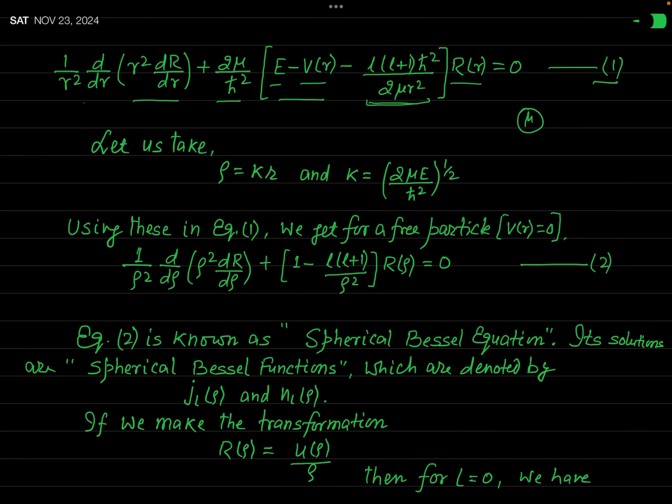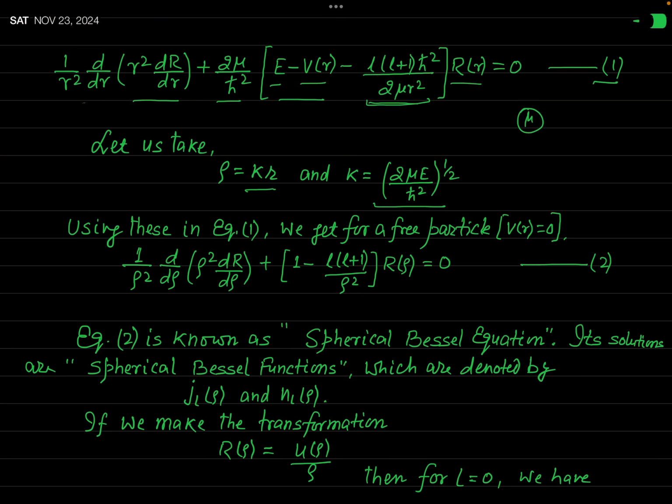Now this equation which I have mentioned in equation 1, which is the radial part of the Schrodinger equation, I would like to cast in a convenient form, and for this we make these two substitutions. If you consider that rho is equal to k times r, where k is 2 mu E over h bar squared, whole to the power half.